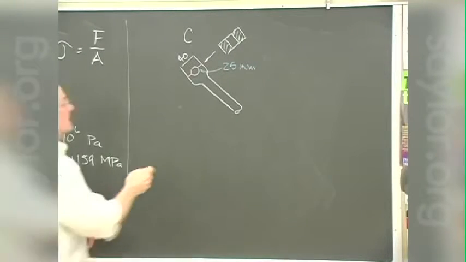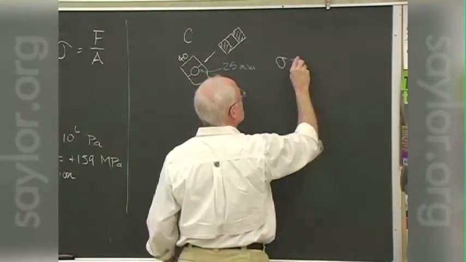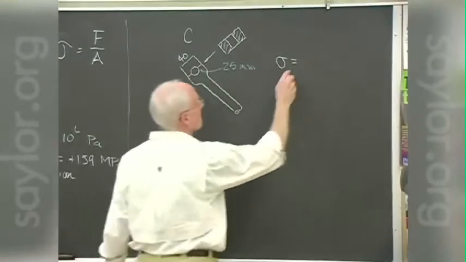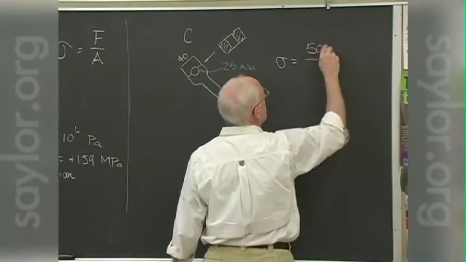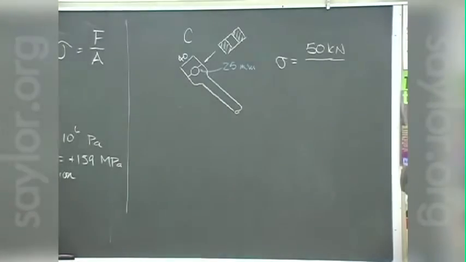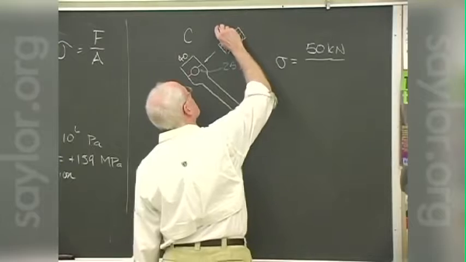So let's see how it changes the stress in the material at that point. The force is still the 50 kilonewtons. Yes, there's a little bit of friction between the wall attachment and that piece C, but we're not concerning ourselves with it. Remember, unless otherwise said, we're looking at freely pinned pieces, so the friction there is very, very small.